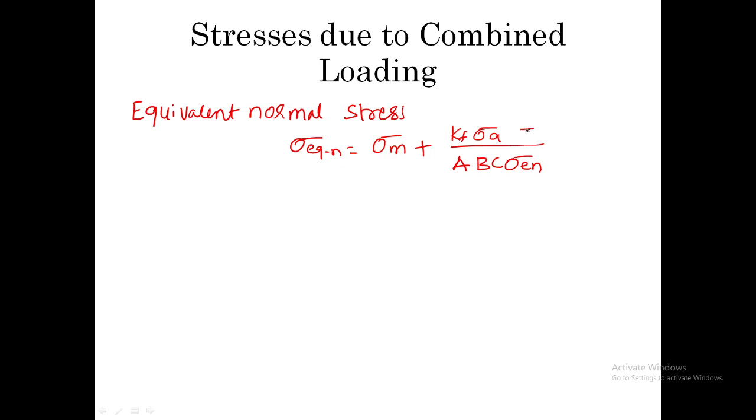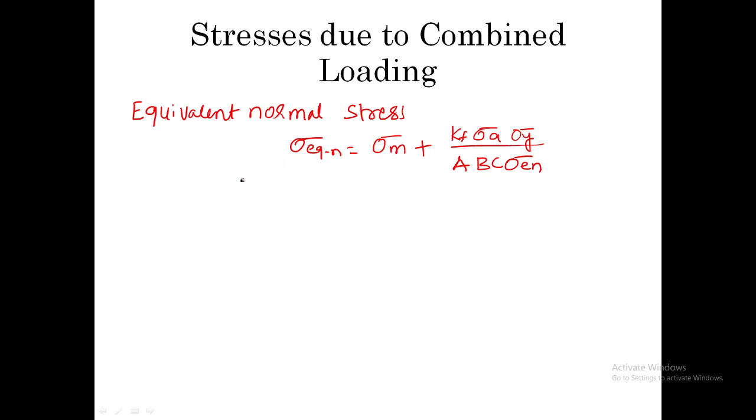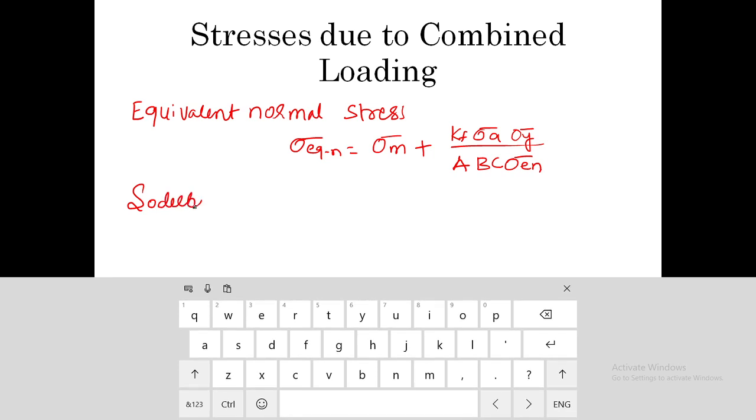Now, sigma y. What is the equation here? Let us consider it based on the Soderberg relation.